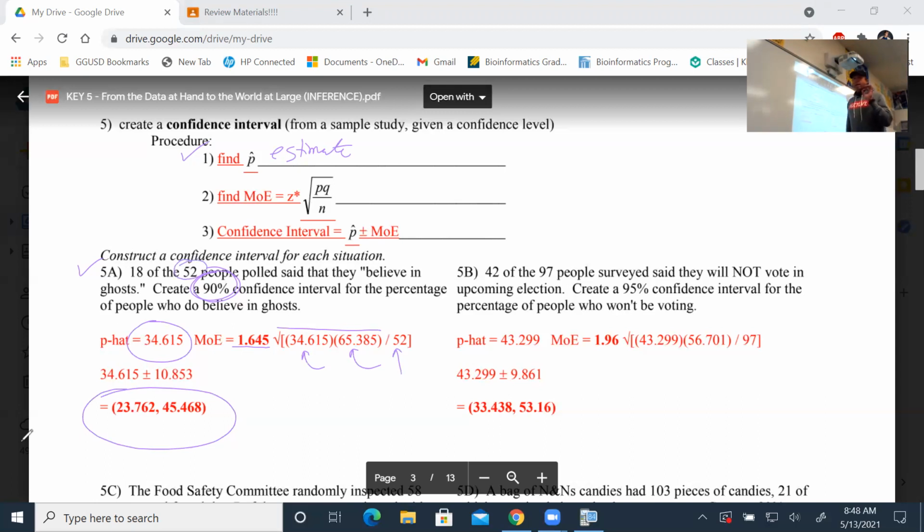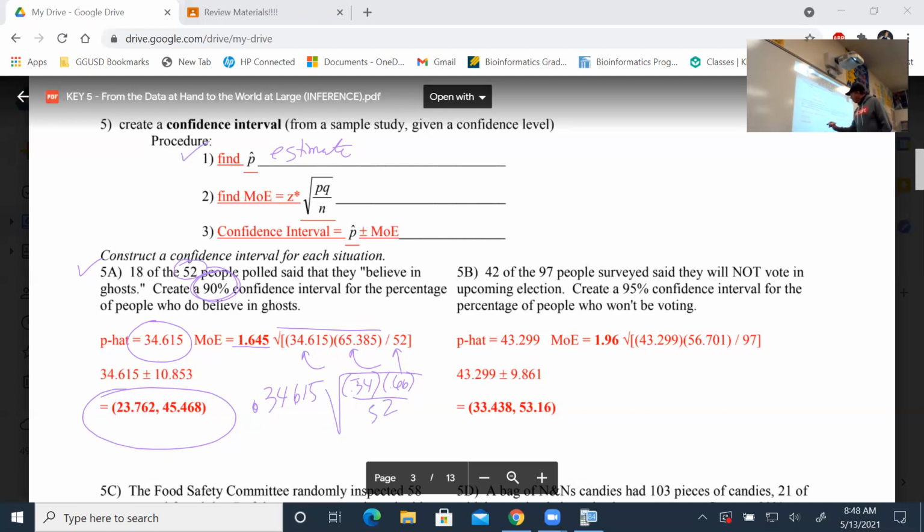Now, let me show you an incredible way to do this quickly on your calculator. Okay. Your job would be to set it up. So you could do a couple of ways. You could do 0.34615 times 0.34, I'm rounding, 0.66 over n, which is 52.